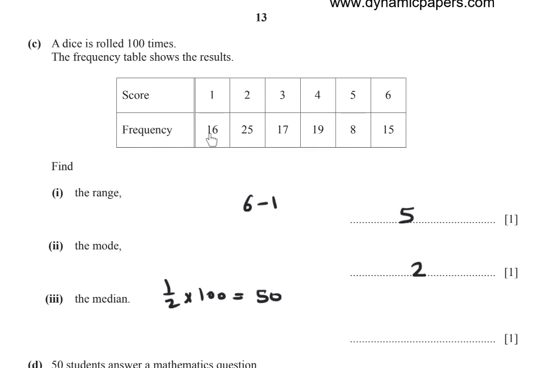The first group contains 16, then 16 plus 25 is 41, then 41 plus 17 is 58. So the first group contains the first 16 terms. The second group contains up to the 41st term. The third contains up to 58. So the 50th is included in the third group, which is all 3. So the median is 3.